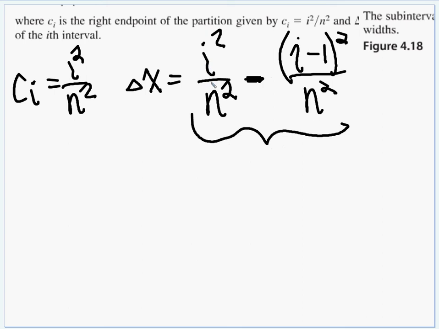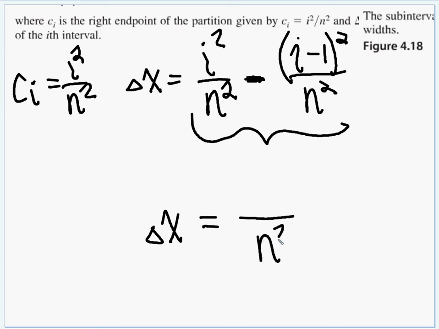If we want the base of rectangle number 4, we would plug in 4 for the i's and compute that, and we would have the width of that rectangle. Now, trust me on this algebra, just to save us a little time and a whole bunch of writing. We want to get i squared over n squared minus this to be one fraction.